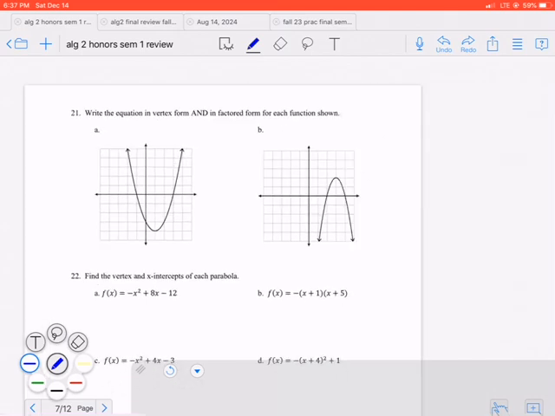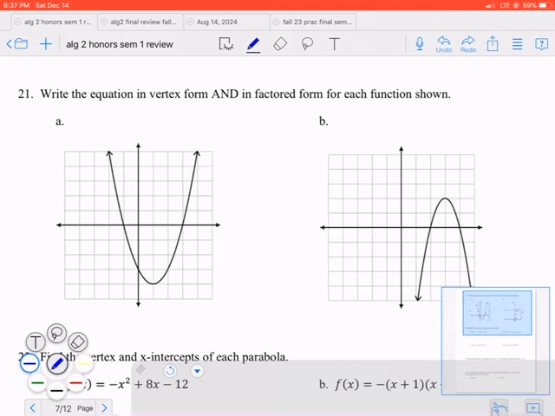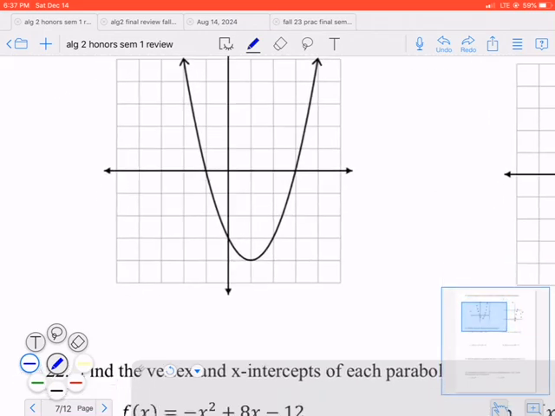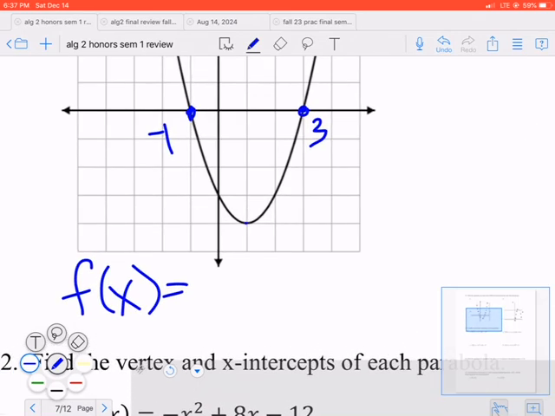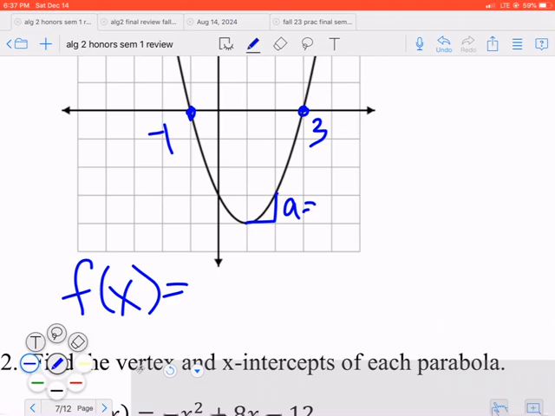Number 21. Write the equation in vertex form and in factored form for each. Okay, so let's do factored form. This is crossing at negative 1 and 3. It's going up, so it's positive, and the a value is over 1, up 1. So this up 1, that represents a, like when you're graphing 1, 1, 2, 4, 3, 9.